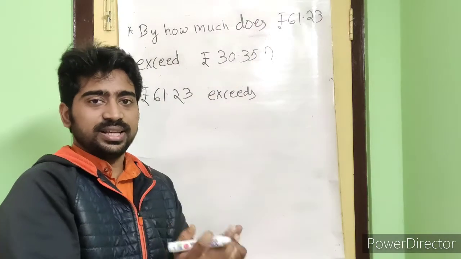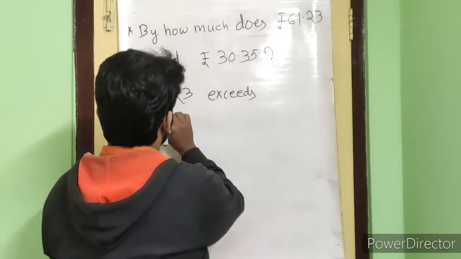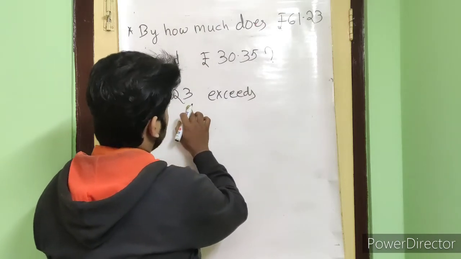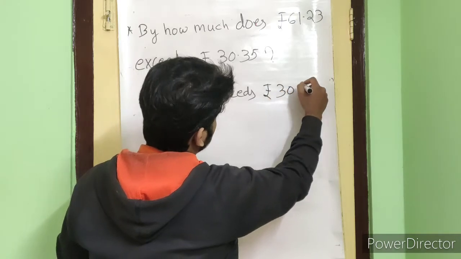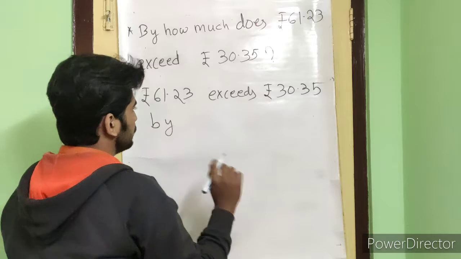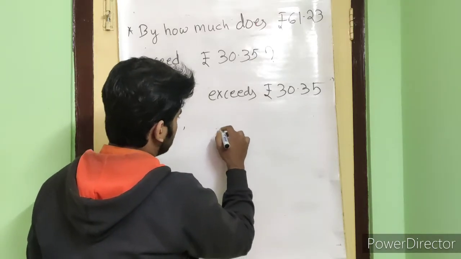So detailed things you will get in your coming years. Now we need to just remember this one, we need to write exceeds. Rupees 61.23 exceeds rupees 30.35 by, okay? Now simply we will do the subtraction.